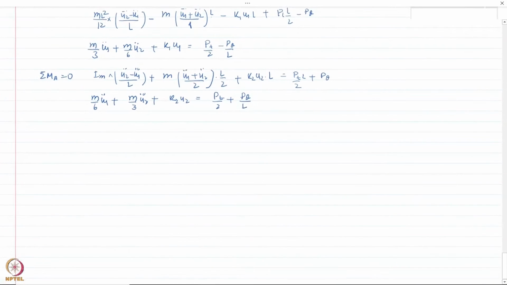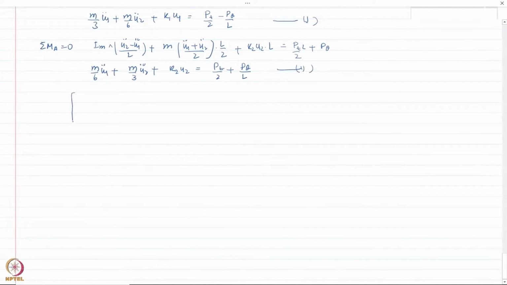Okay, so equation 1 and equation 2 can be combined together in matrix form and written as the matrix m by 3, m by 6, again m by 6, m by 3, times the acceleration vector.